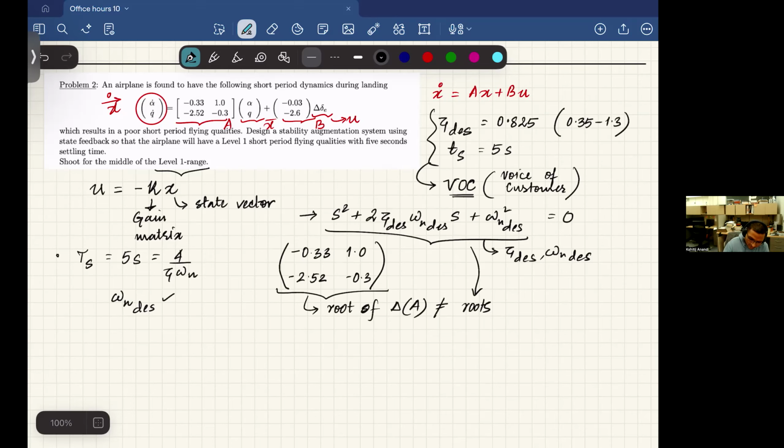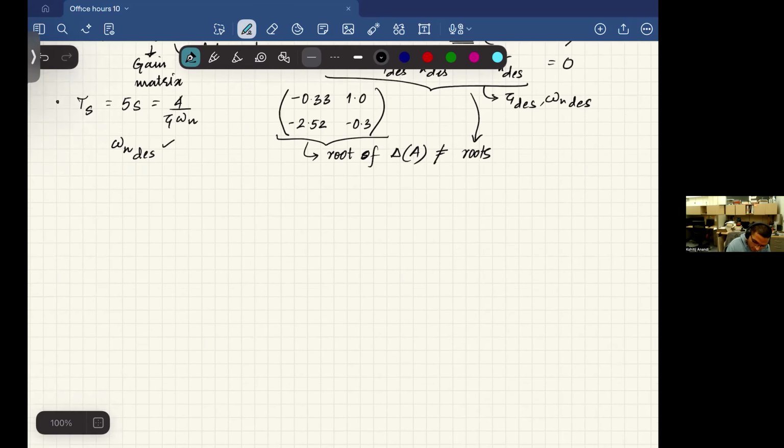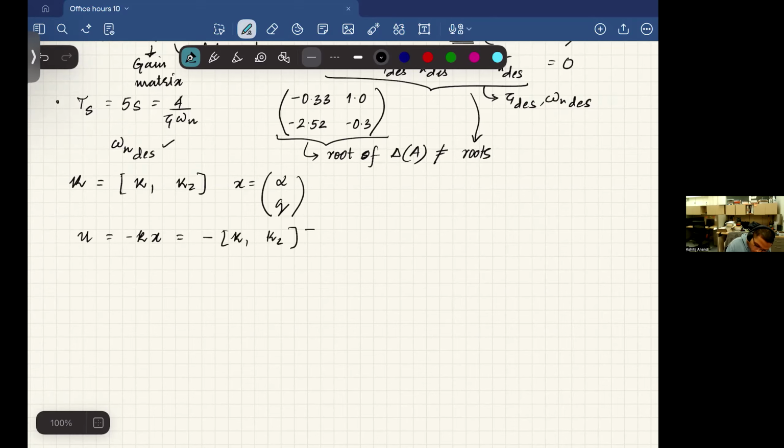And how do we do that? We do that using state feedback. So we construct a gain matrix, which is given as K1, K2, and we have x equals alpha and q. So we construct the input to be minus Kx, which is minus K1, K2 times alpha, q.